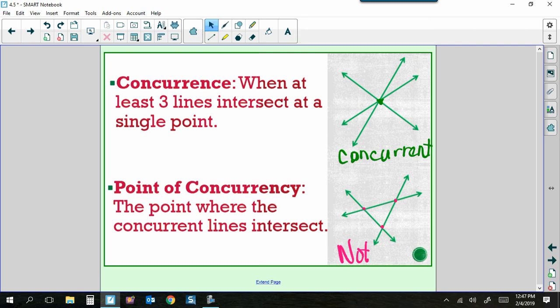So the triangle centers that we're going to be focusing on today are all going to be concurrent lines. So you will be using your compass and straight edge to do various constructions. And the result of these constructions should be concurrent lines.